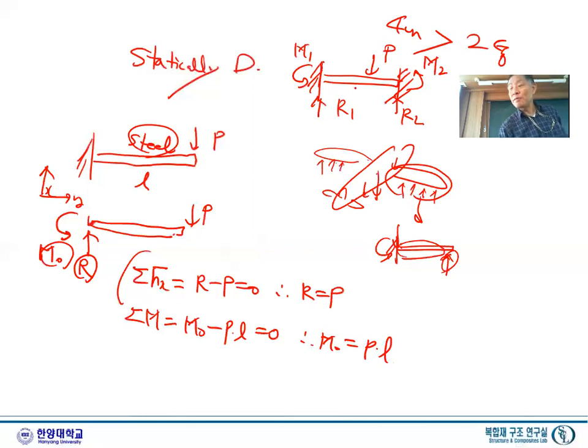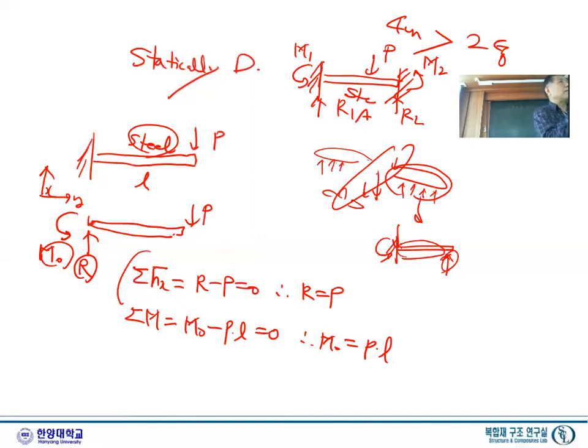Well, if it's made of steel or aluminum, the reaction forces are now different. If this is made of rubber, with the same force and same length, the reaction force will change depending on the material properties. Okay, so that is a very important observation.